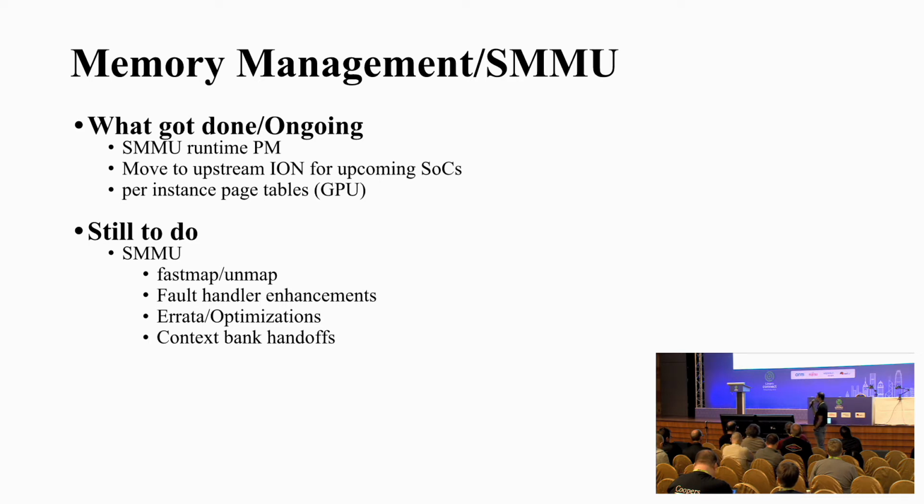Context bank handoffs is something new with 845 that's done downstream. I'm not sure if that's really needed. I was talking with Rob in the morning, unless the bootloaders plan to use SMMU for the boot splash screen, that is.